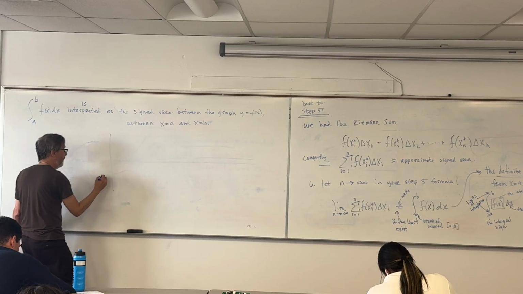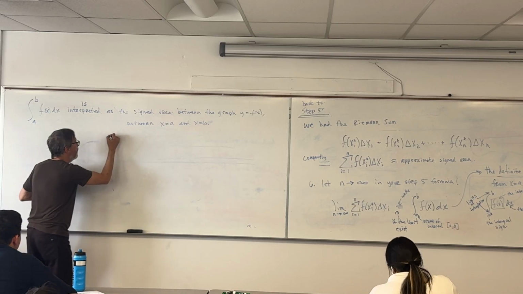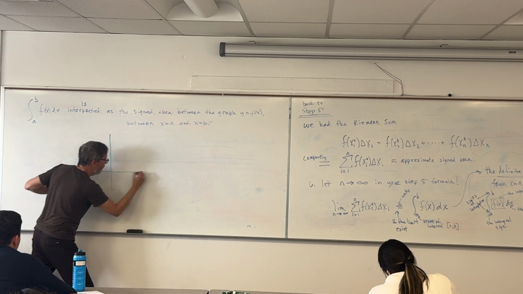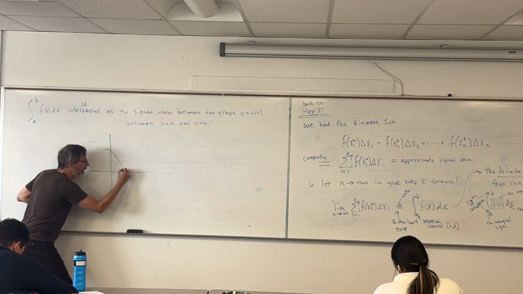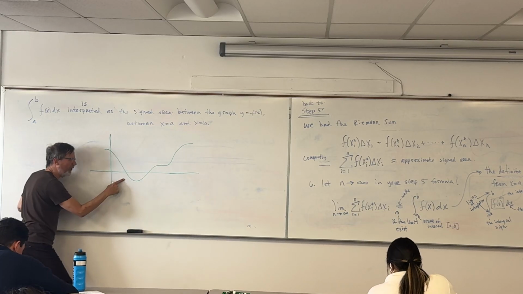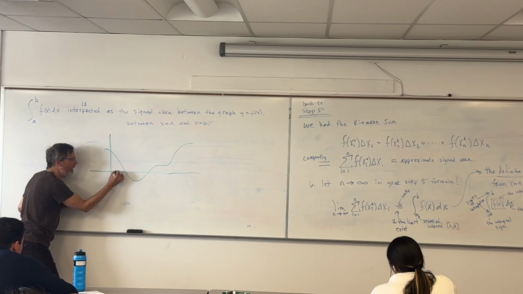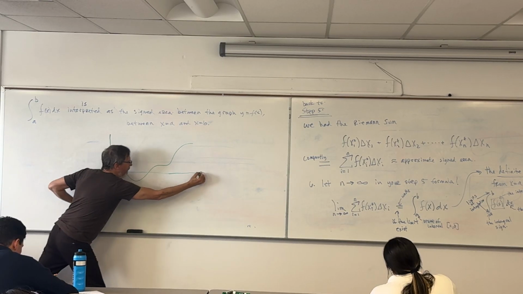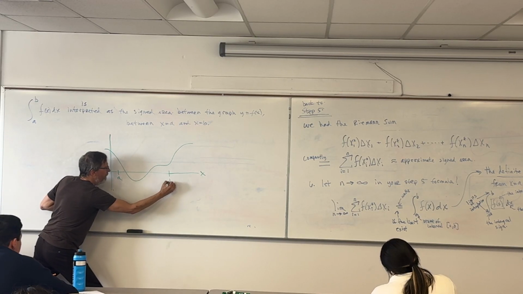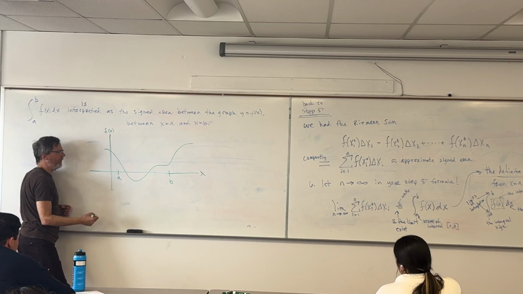So in other words, if I have a function that looks like this, I'm just making it look funky. Give yours a little bit of negative. It doesn't have to look just like what I've done. Let's say this is A, and this is B, and this is my function, f of x.